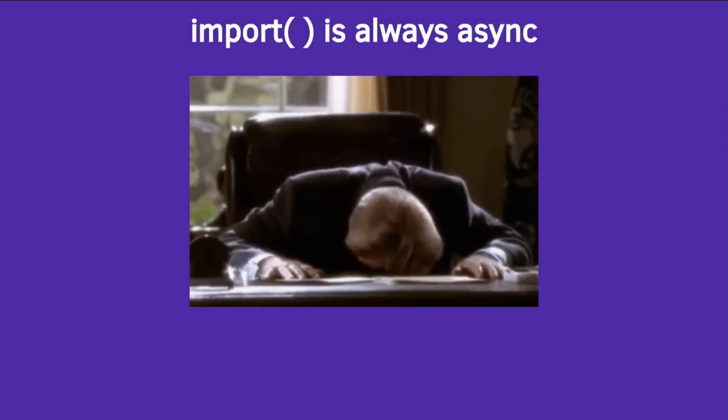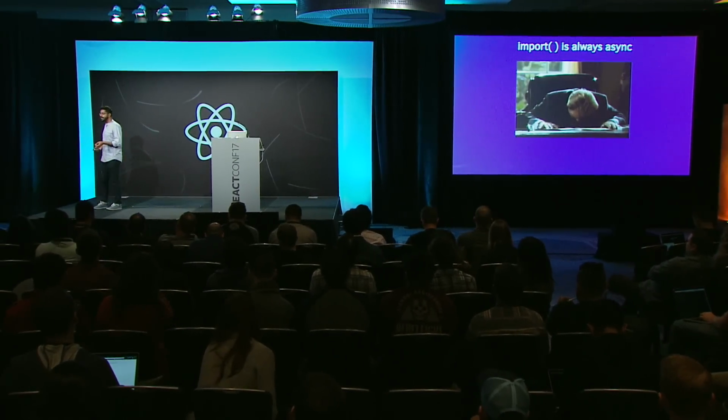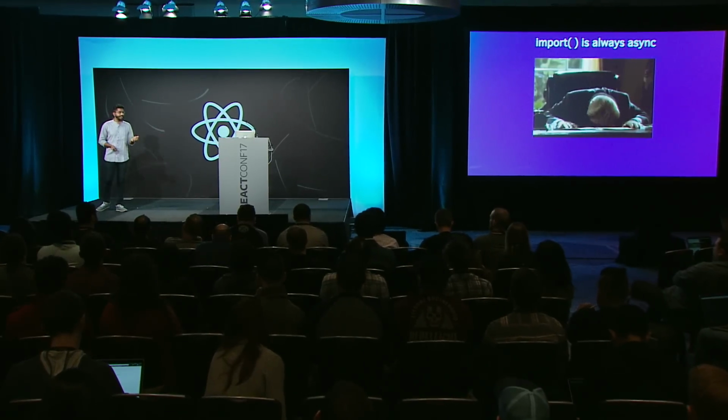Now, this is actually really, really tricky, and I'm not going to spend too much time talking on it. But the key thing to note here is that dynamic imports are always asynchronous. As I said before, dynamic imports return a promise, and a promise, by its nature, will always resolve asynchronously. So if you have a situation where you were really smart about how you were prefetching or pre-downloading, or you were using HTTP server push, and you have a lazy loaded component, but it's already been sent down the wire, the browser's already cached it, it's there, it's available, you should be able to use it right away.